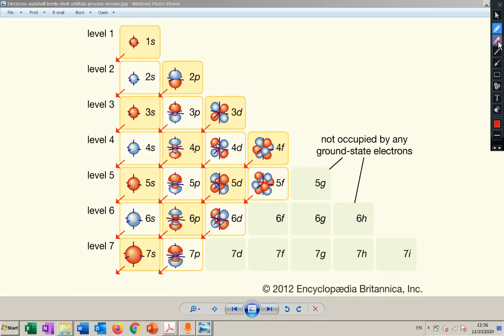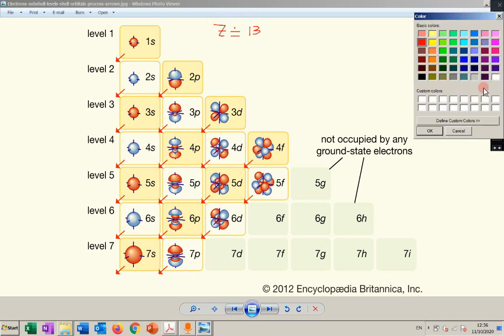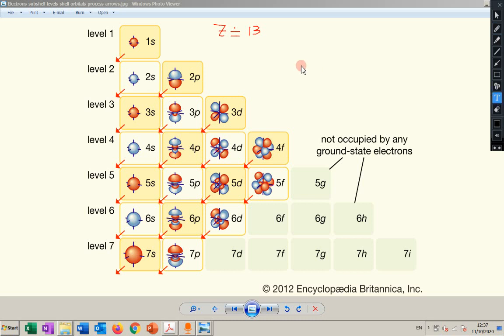So we have Z equal to 13. When we're going to do the electron configuration, we will start here with 1s, then we have 2s in the second diagonal.